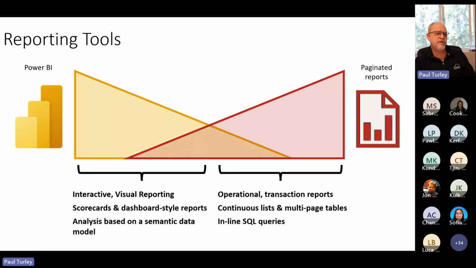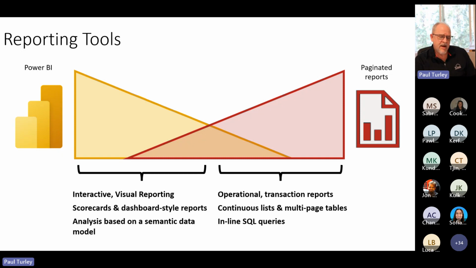But these were operational reports, and an operational report, for the most part, is a list of stuff. It might be grouped, there may be some subtotals, but for the most part, when we're talking about operational reports, we're talking about lists of transactions, shipping manifests, invoices, maybe labels or badges, but it's just a list of stuff in a particular format, as opposed to a single page in a web browser that a user interacts with.